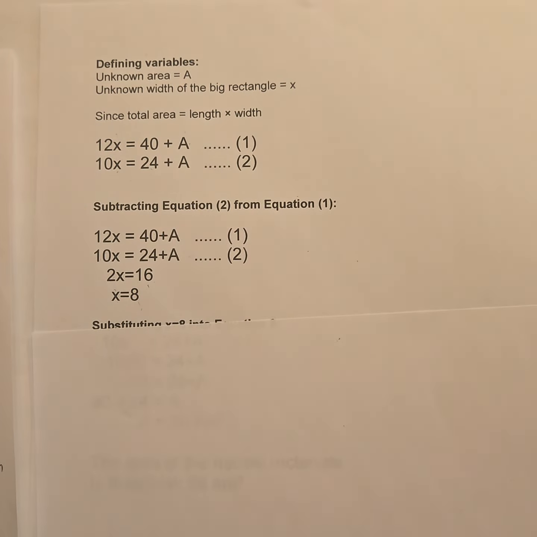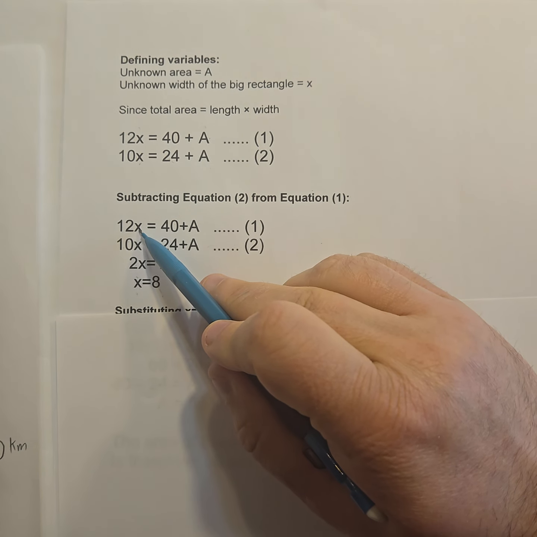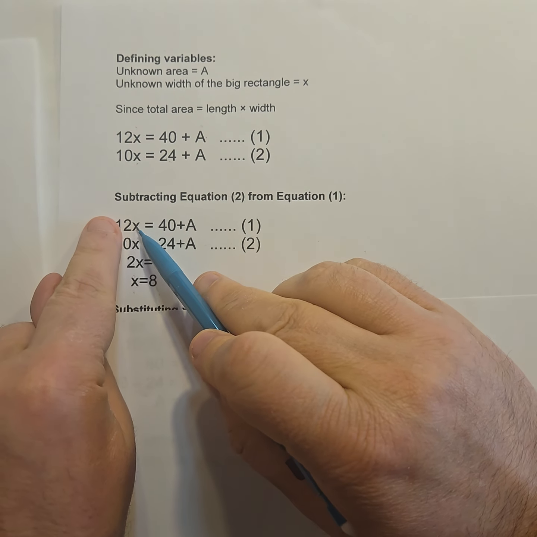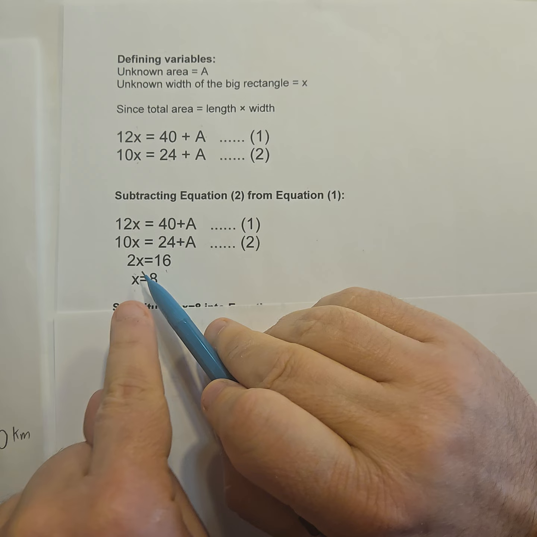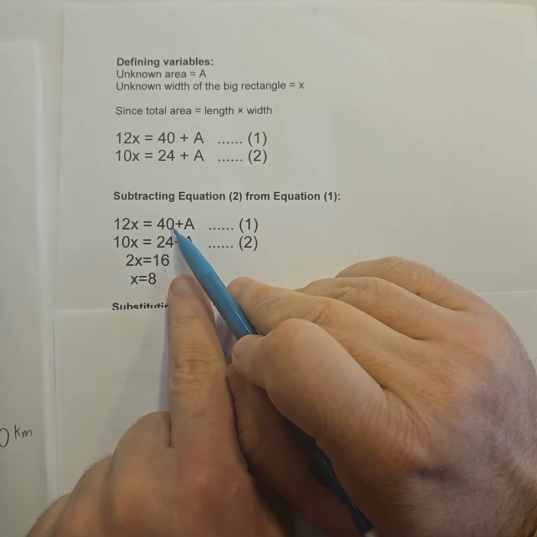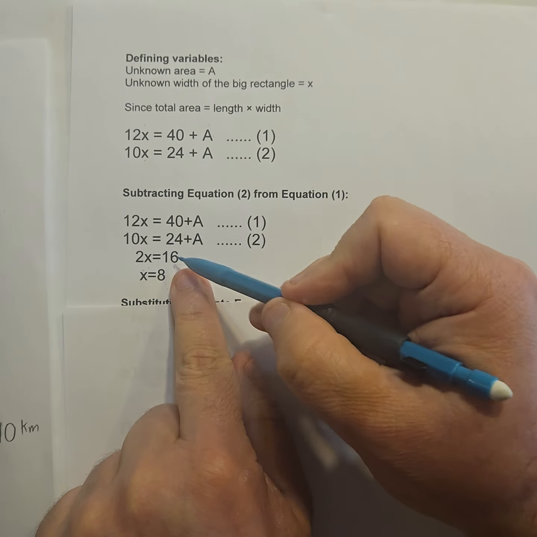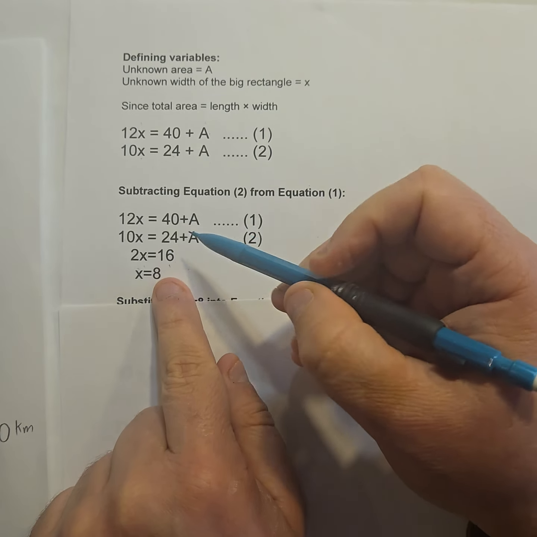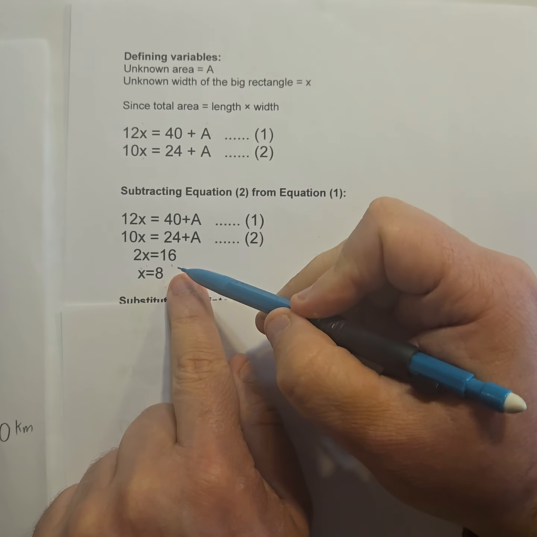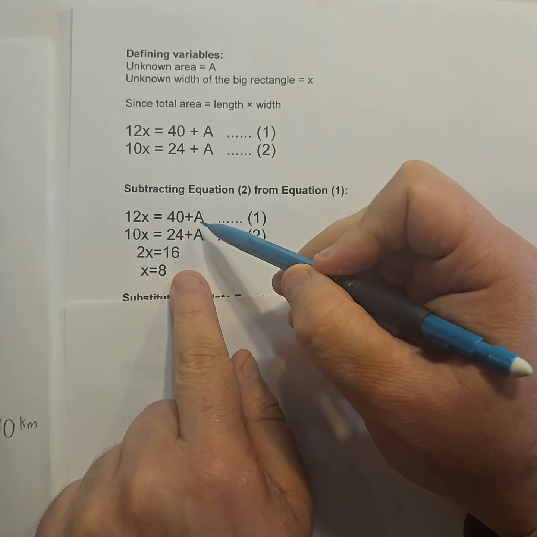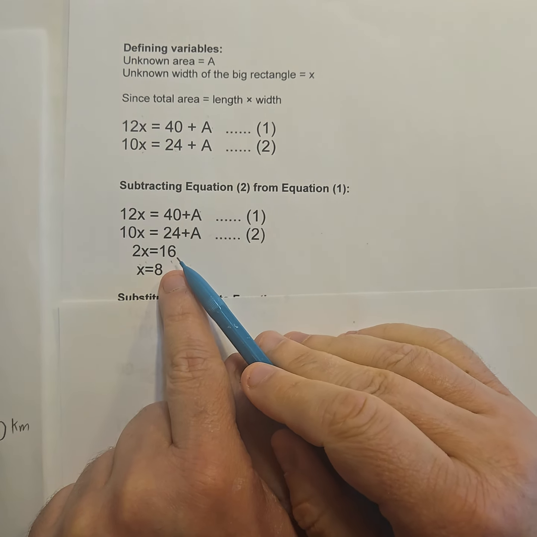It will still be equal. So 12x, let's pretend it's like the left side of that scale. The left side, I'm subtracting 10x, I get 2x. The right side, I'm subtracting 24 plus a. So 40 minus 24 is 16, and a minus a gets me 0.